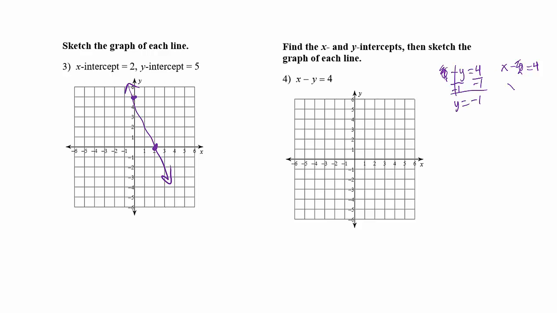And then this is just x equals 4, since it was a positive x. So we mark those on our graph. The x-intercept is 4, the y-intercept is -1, and we draw the line between them and past them. And that's how we use intercepts.